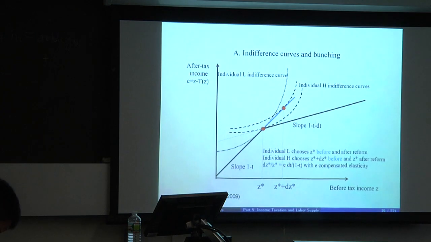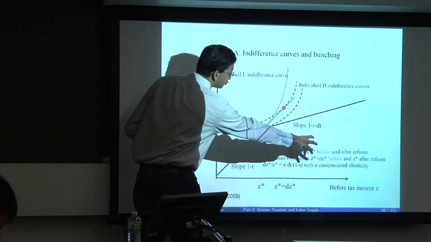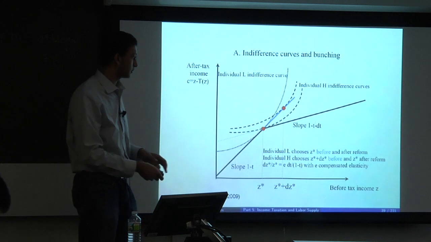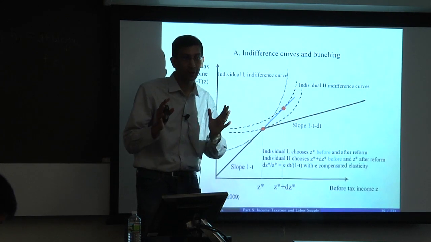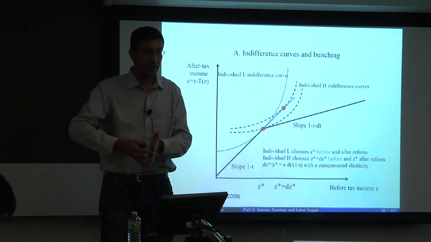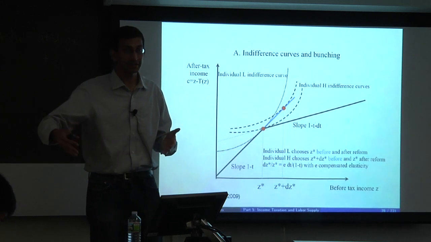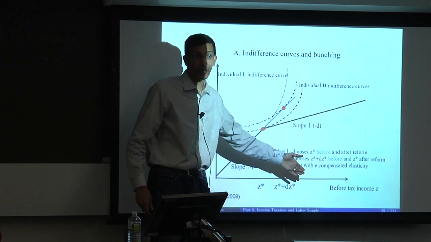So if I have a bigger treatment, a bigger change in tax rates, or I have a bigger elasticity, I'm going to be drawing people from a wider range to collect at the kink. So think about it as, let's say, I'm going to collect 10 guys if the elasticity is 0.5, but if the elasticity is 1, the set of people that I'm going to collect is going to extend further to the right.